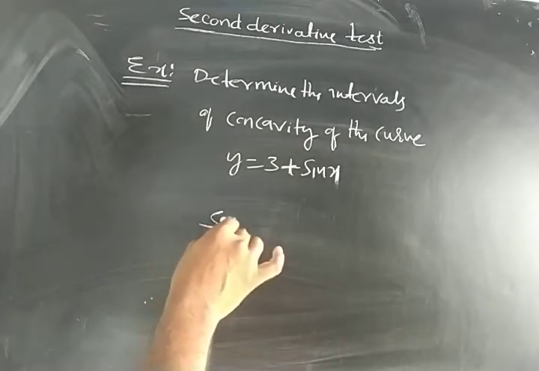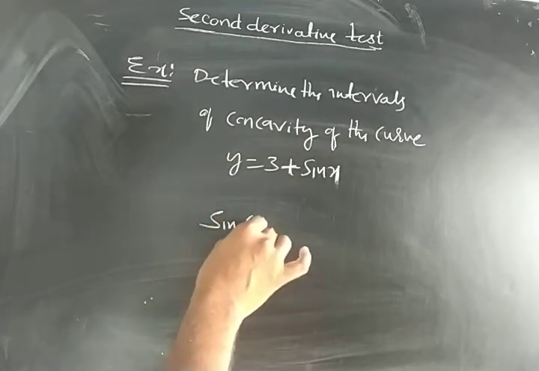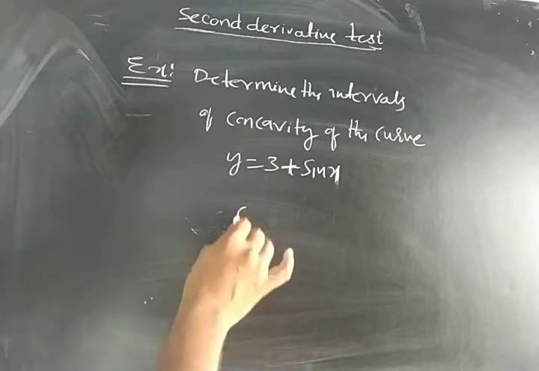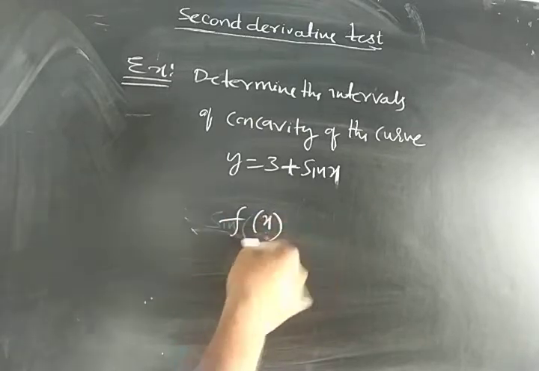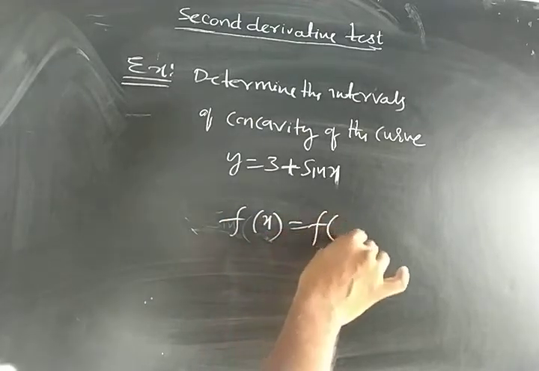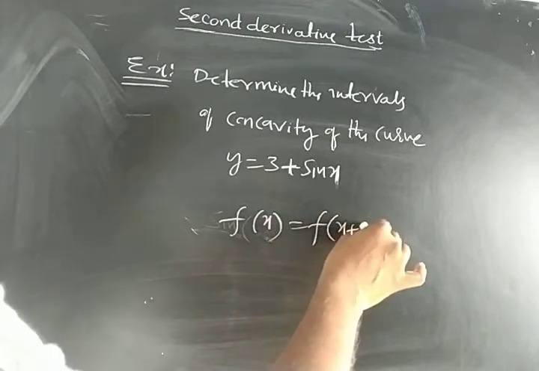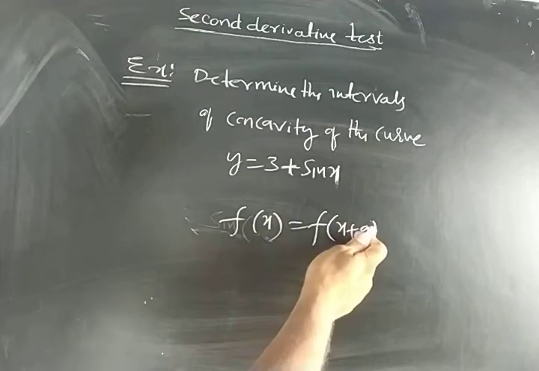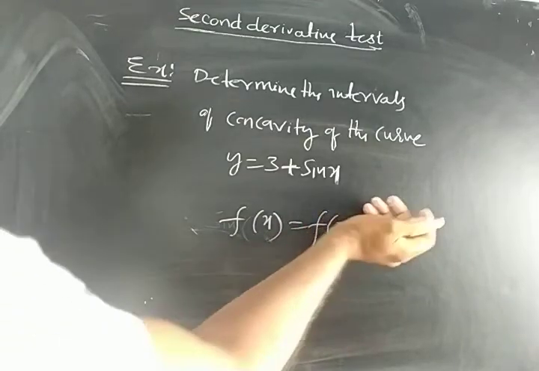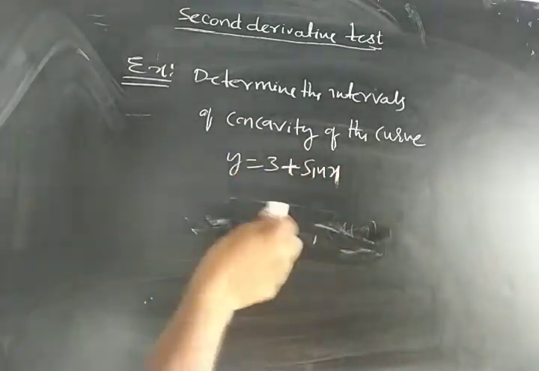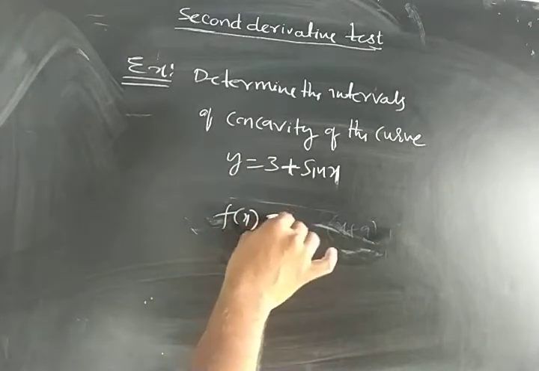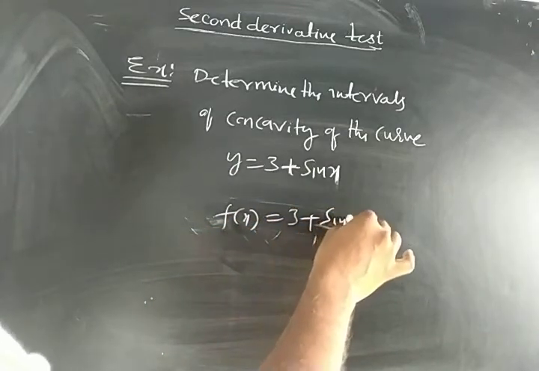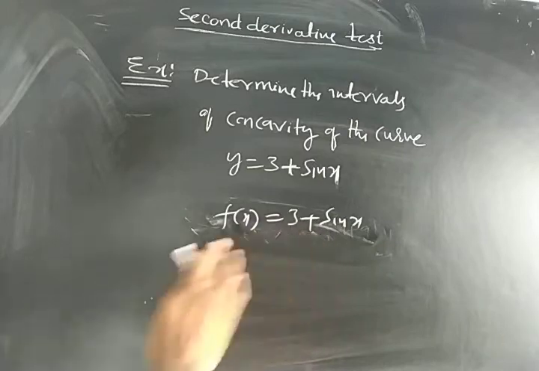Suppose f of x is a function. If you substitute x plus a in place of x and again get the same function, then a is called the period of the function. Suppose I am taking this function, f of x is 3 plus sin x. Don't write this in the solution, I am just explaining what a period is, right?